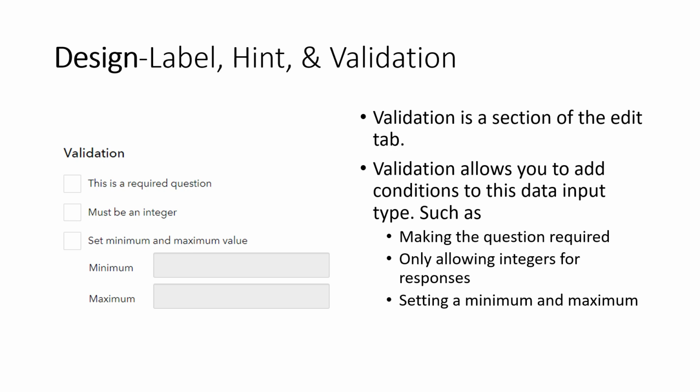The only thing they can give you is a whole number. But if you are using a sensitive tool, like a pH probe, you'll usually get some form of decimal point. Then you'd leave it unchecked, so that you can have a decimal point in the responses. Students will get an error if it says must be an integer and they put in a decimal point. It won't let them submit.